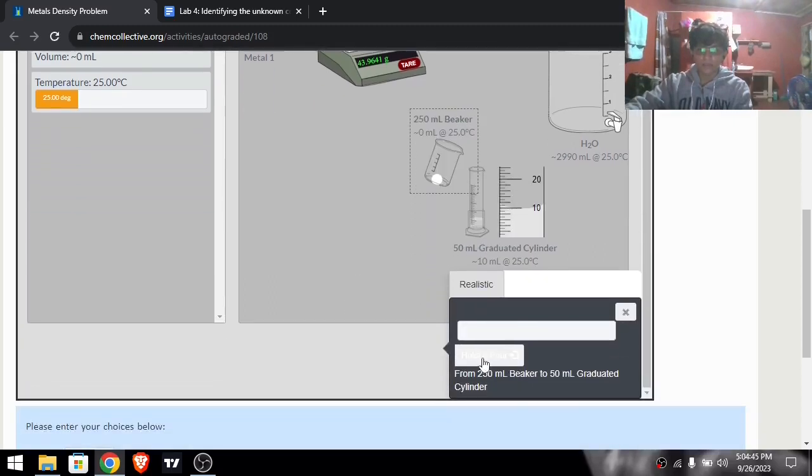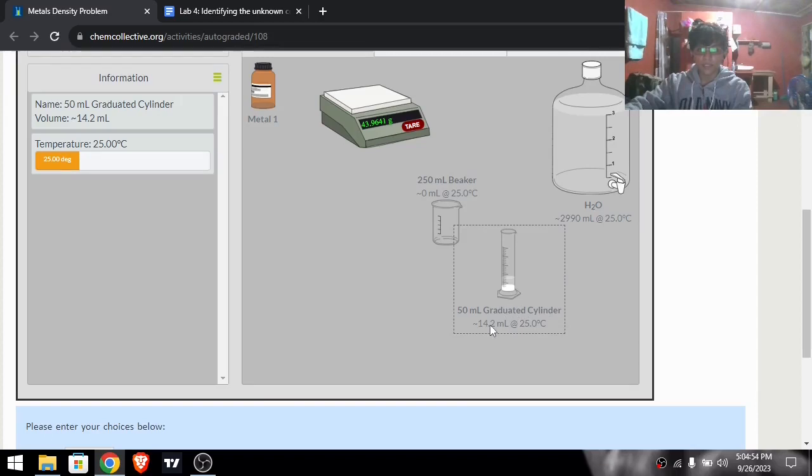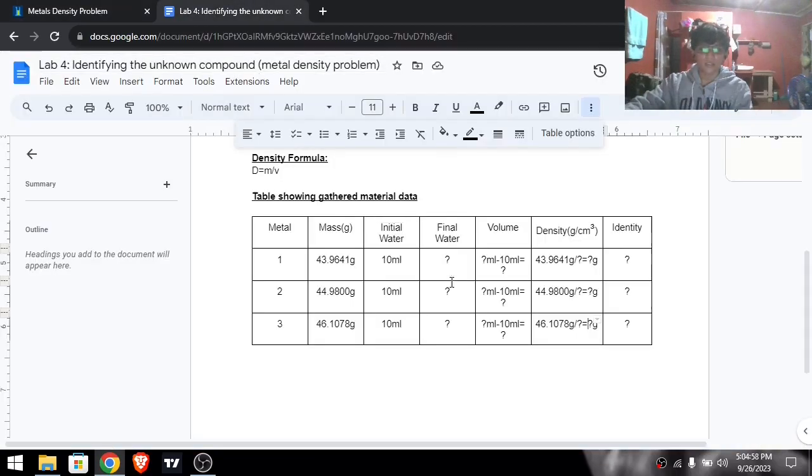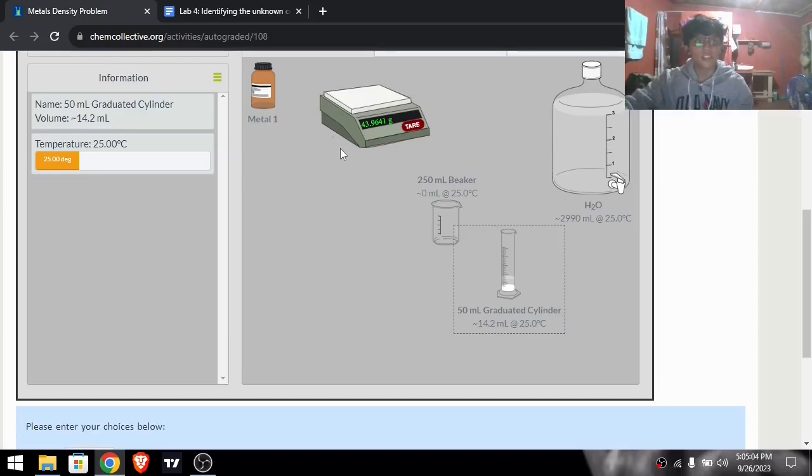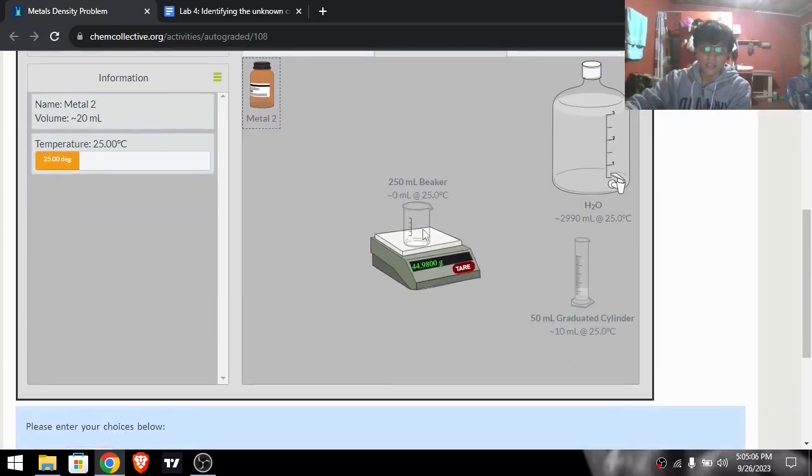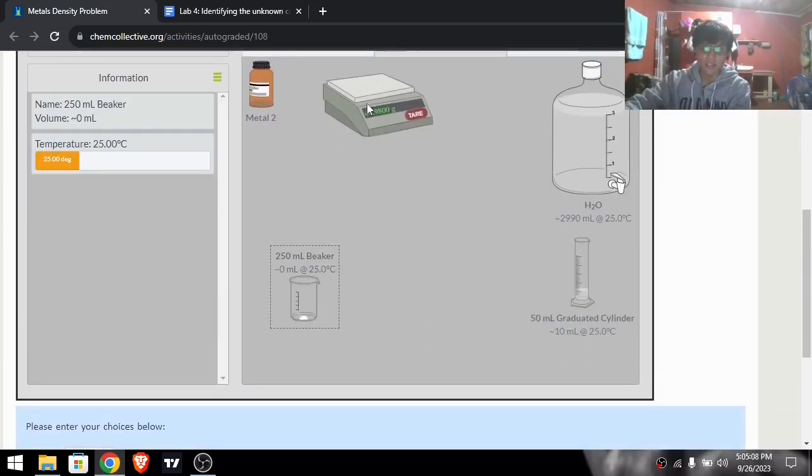I'm not a huge fan of this realistic pouring, so we'll have to make it work. Okay, now that we put this in, our solution will become 14.2 milliliters. So that's our final water, 14.2. As for our first unknown metal, let's go to our second. Same procedure as before.